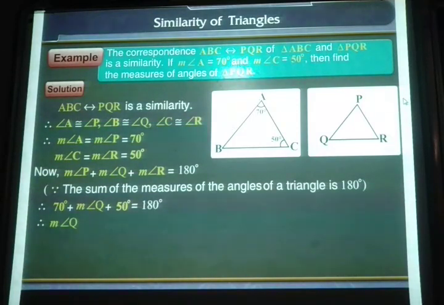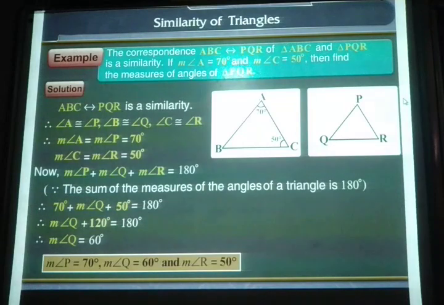Therefore, measure angle Q plus 120 degrees is equal to 180 degrees. Therefore, measure angle Q is equal to 60 degrees. Thus, measure angle P is equal to 70 degrees, measure angle Q is equal to 60 degrees, and measure angle R is equal to 50 degrees.